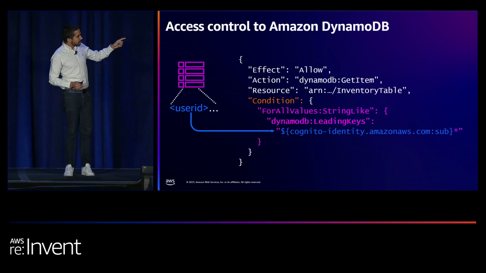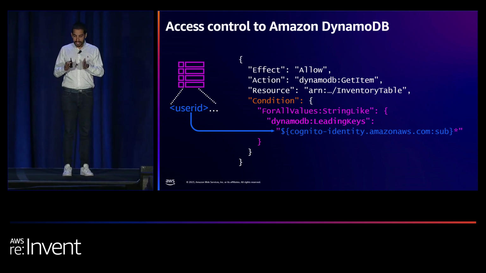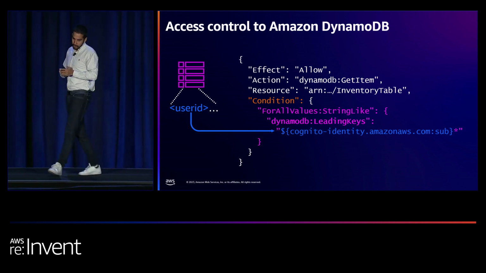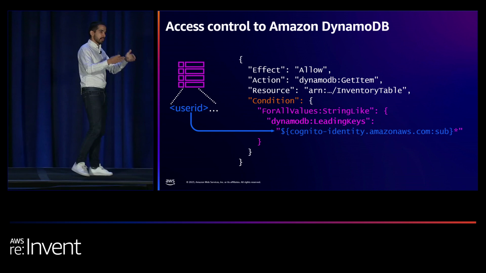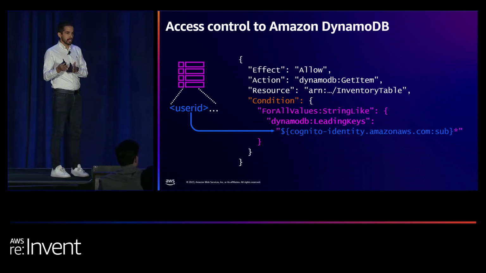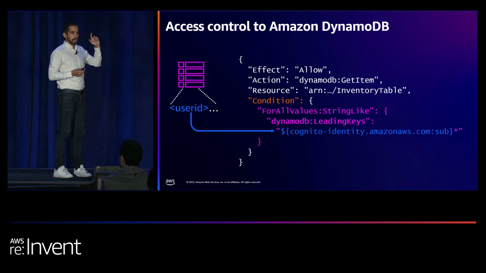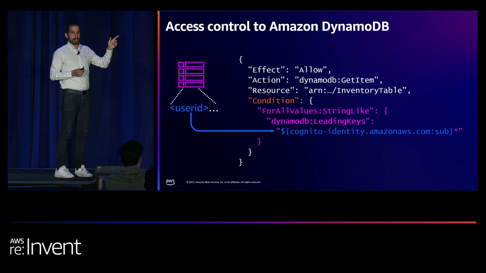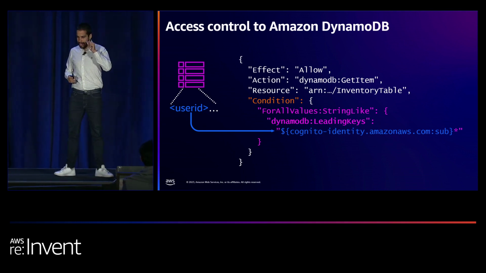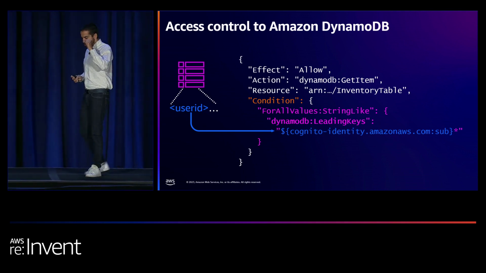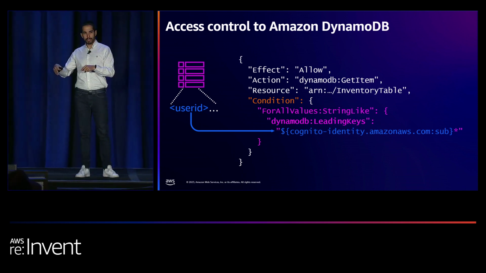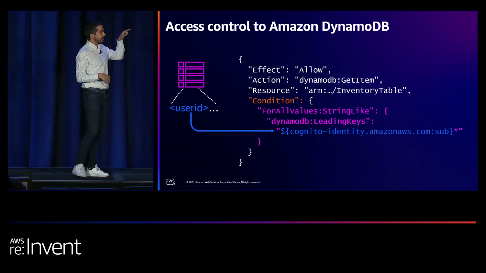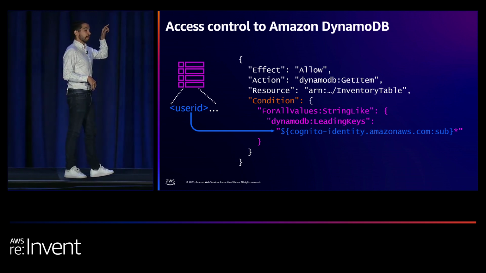And what we're saying with this condition is, if the Cognito identity of the requester matches the leading keys of the item, it can be allowed. What this means is now the user's own identity has become the boundary of what items they can access on a table. Very powerful.